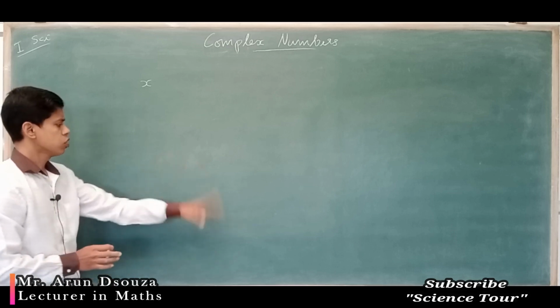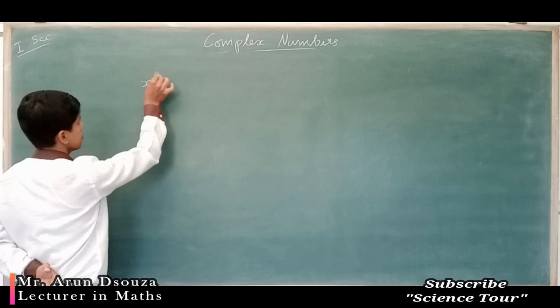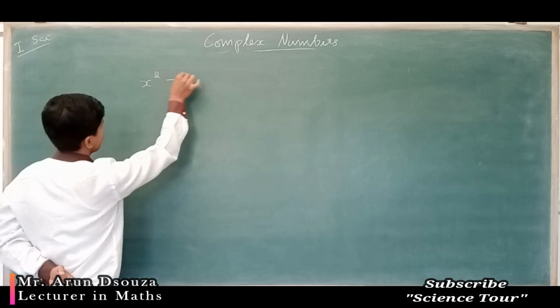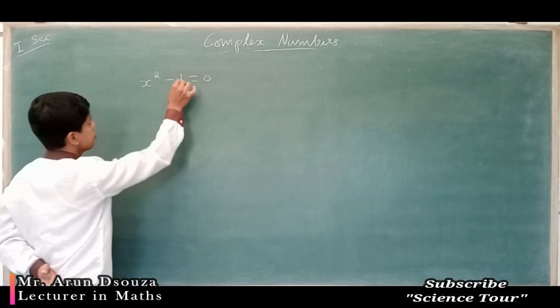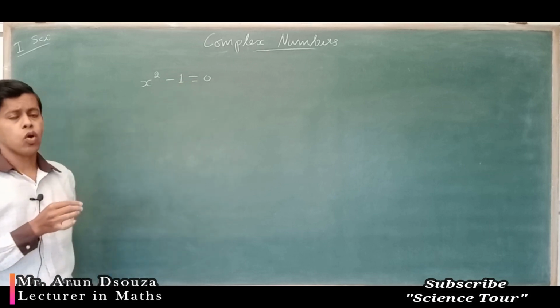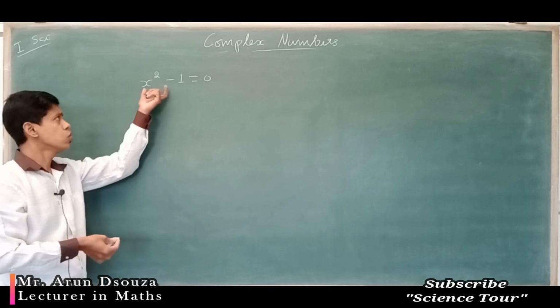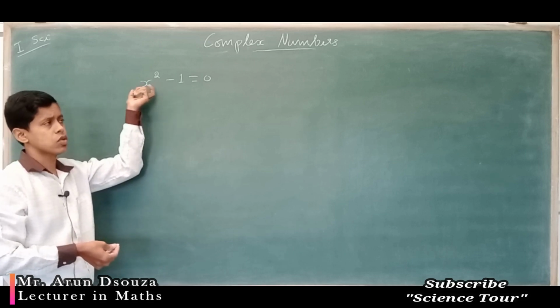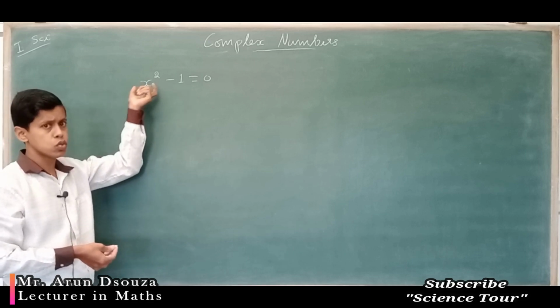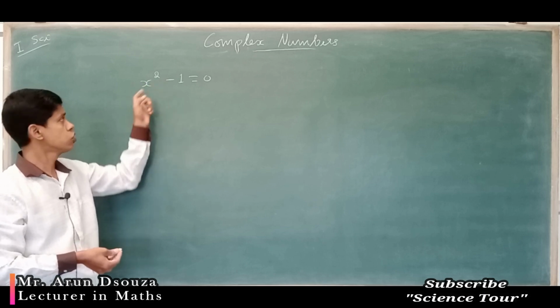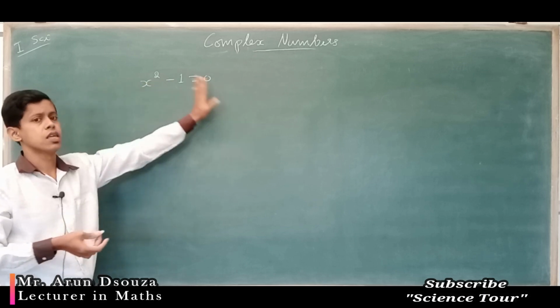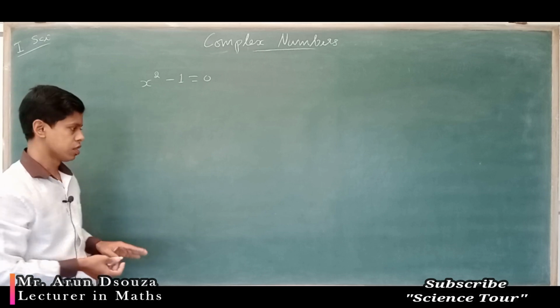Let us say you have x square minus 1 is equal to 0, a simple quadratic equation. What are the roots of this quadratic? Since it is quadratic, it should have two roots, two zeros, two values of x which satisfy this equation.